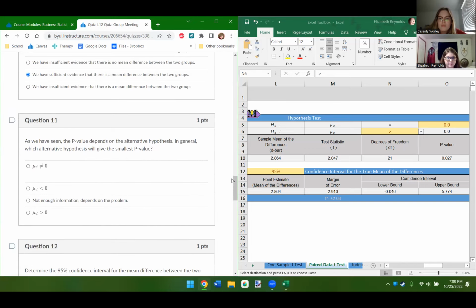So the p-value depends on the alternative hypothesis. In general, which alternative hypothesis will give the smallest p-value? I think it depends on the problem, right? Because these two would give, I would say, approximately the same p-values. Like if we use this as an example, oh, wait a minute.